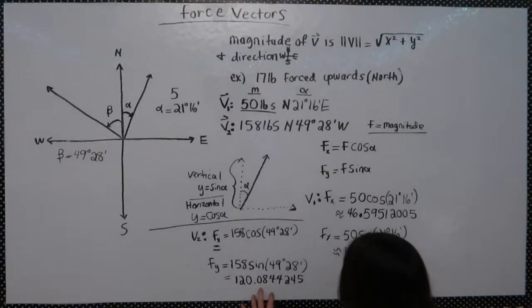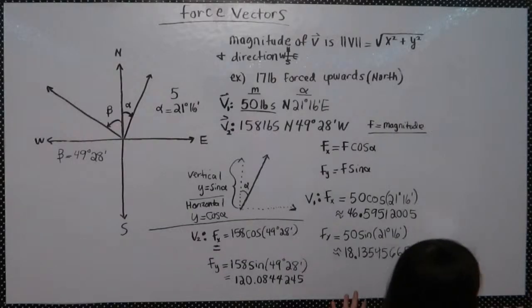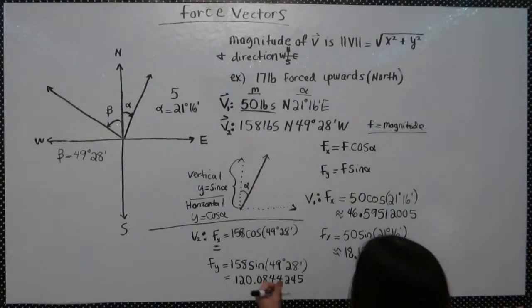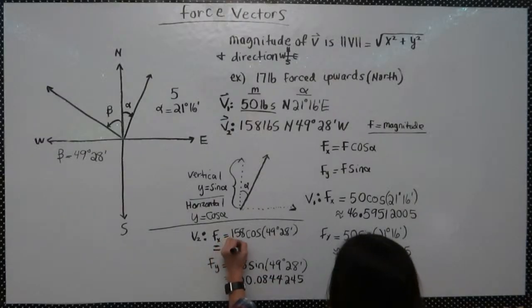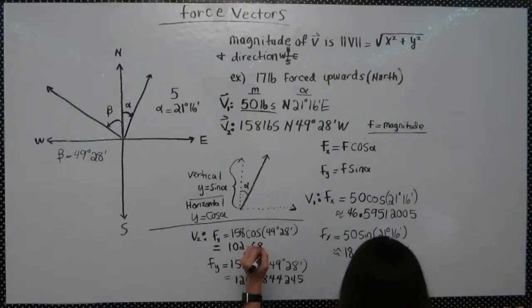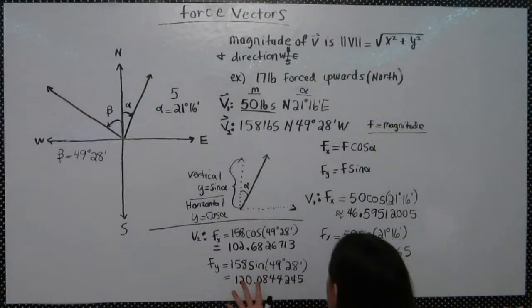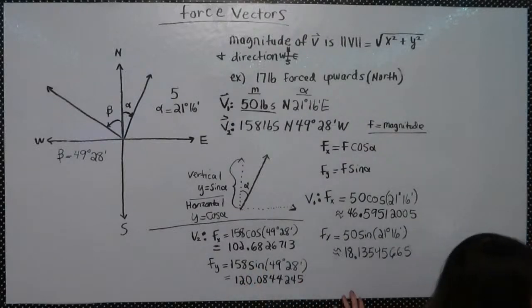And it's kind of similar to the dot product, but what you're doing is you're going to add these vectors. All right, so let's figure out x. All I'm doing is replacing the sine with cosine. That's 102.6826713.